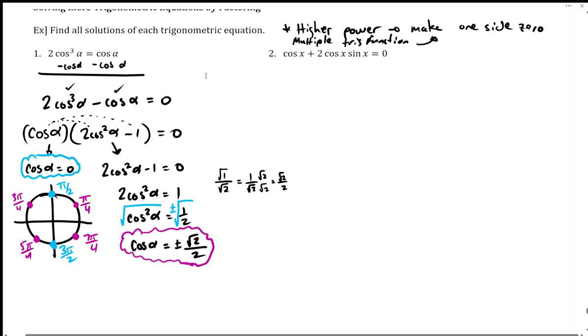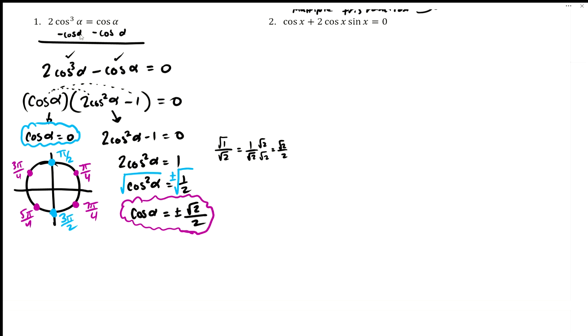And then we would just add the 2 pi k to them for a final answer. So for our final answer, we would have alpha is equal to pi quarters plus 2 pi k, pi halves. Oops, I wrote the 2 up top. Let me fix that.